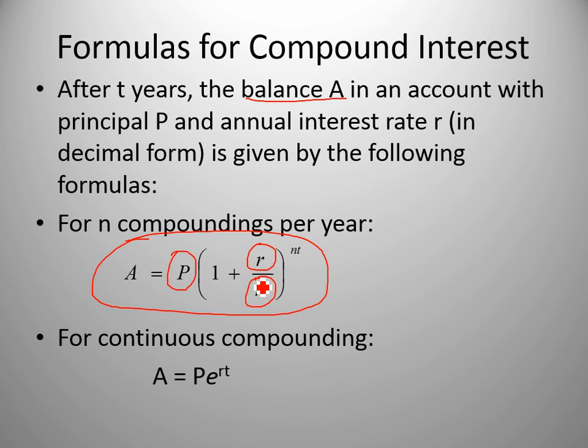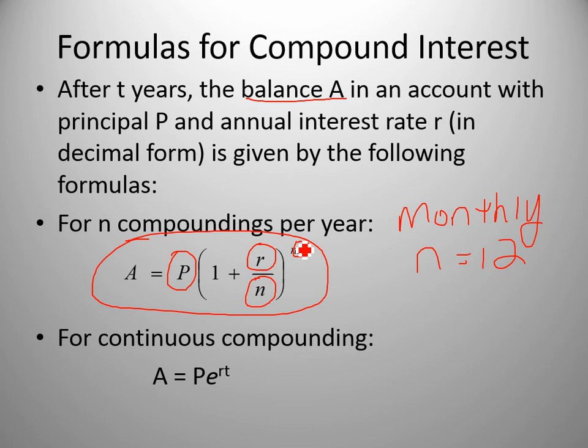So for instance, if your interest is compounded monthly, then your value of N would be 12, because your interest would get compounded 12 times in a year. And then T is the amount of time that your money is in the bank. So that's if your interest is compounded so many times per year.